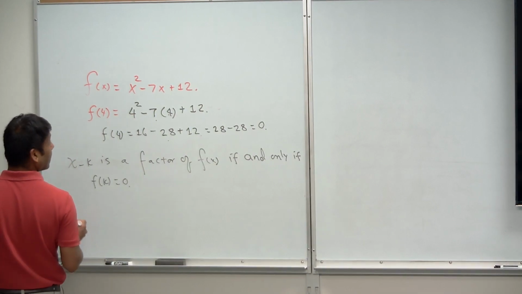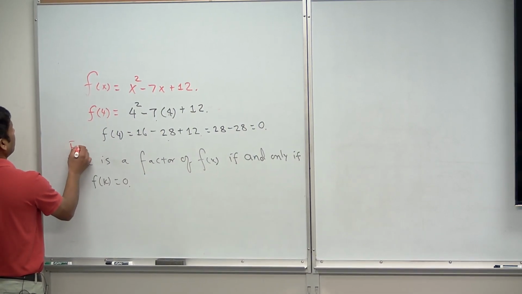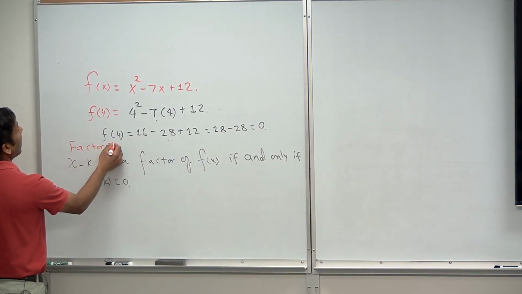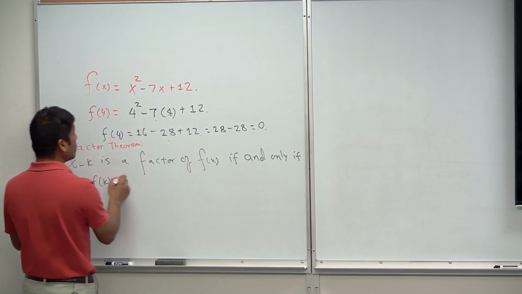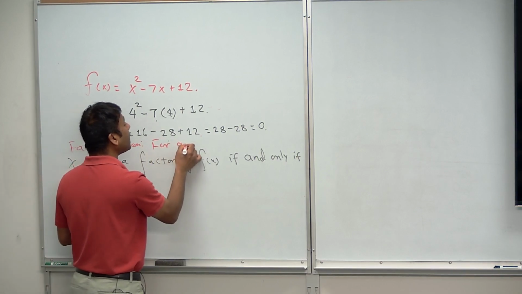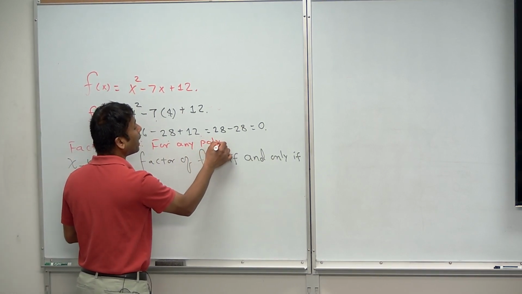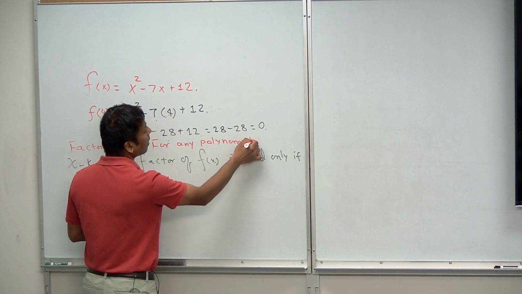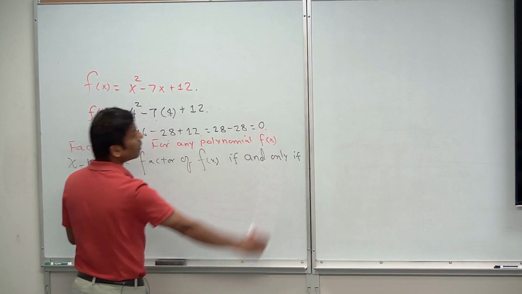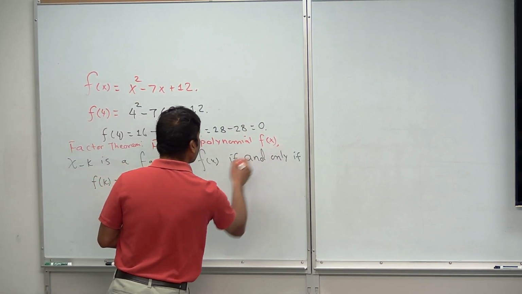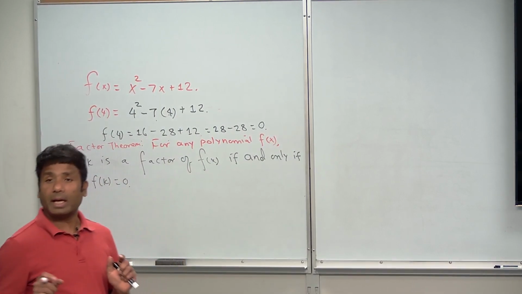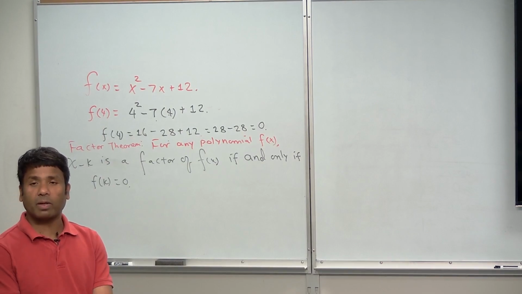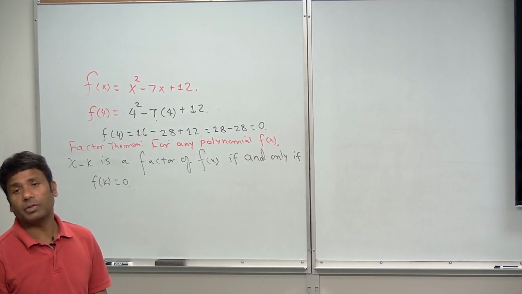Are you guys with me? This is true for any polynomial f(x): x minus k is a factor of f(x) if and only if f(k) equals 0.